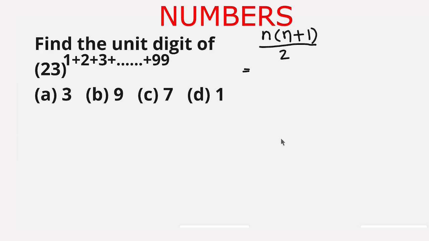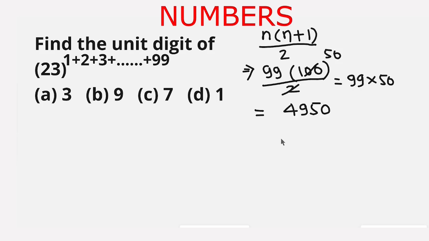Here n is 99, and n plus 1 is 99 plus 1 which is 100, divided by 2. 2 cancels 100 for 50 times, and this is equal to 99 multiplied by 50, which is 4950. So this gives 23 to the power 4950.